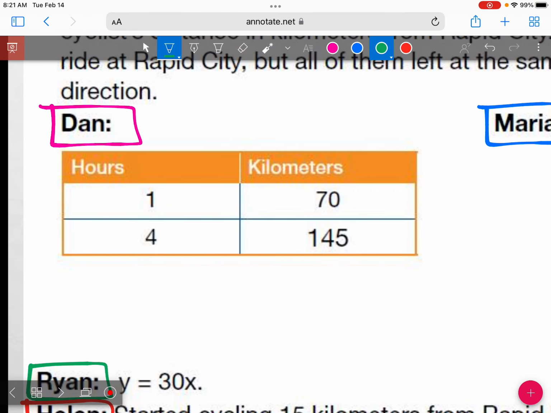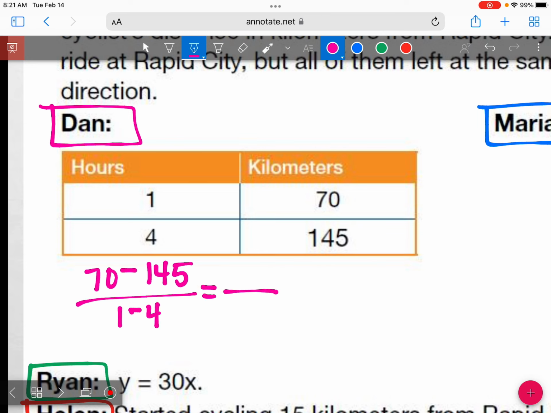So, how do we find our slope? Change in y over change in x. So 70 minus 145 over 1 minus 4. What do you get on top?